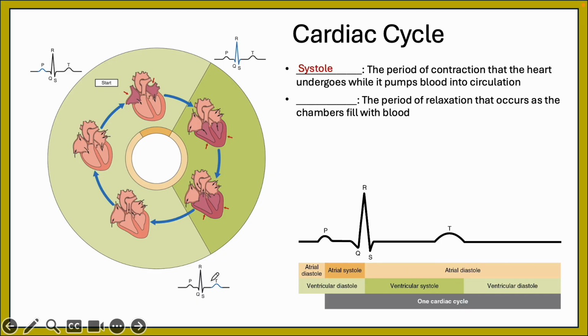You've heard the terms systole and diastole. Systole is the period of contraction that the heart undergoes while it pumps blood into the circulation. So pumping blood during contraction is systole. Diastole is the period of relaxation that occurs when the chambers are filling with blood.